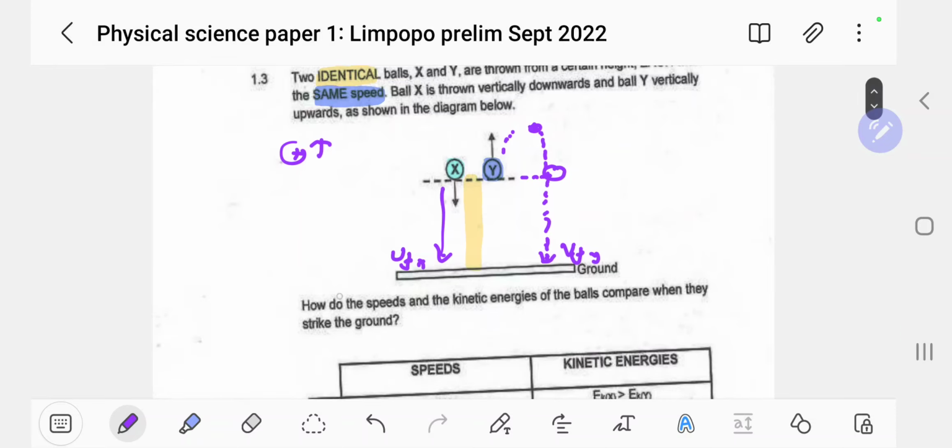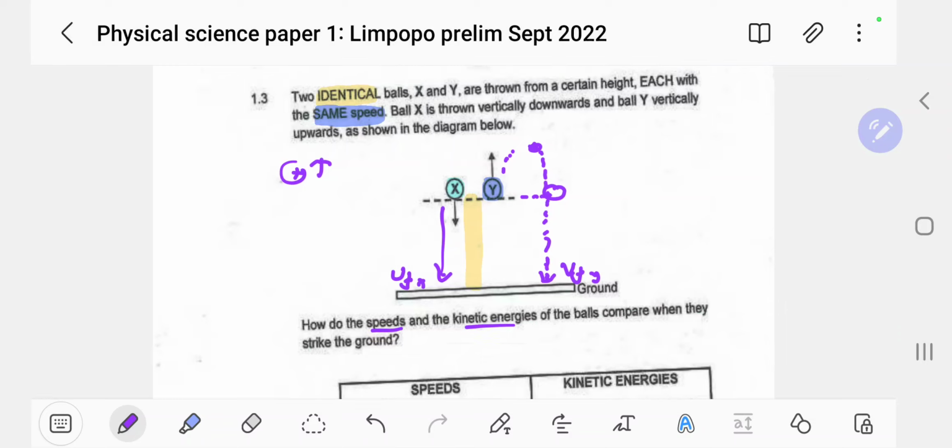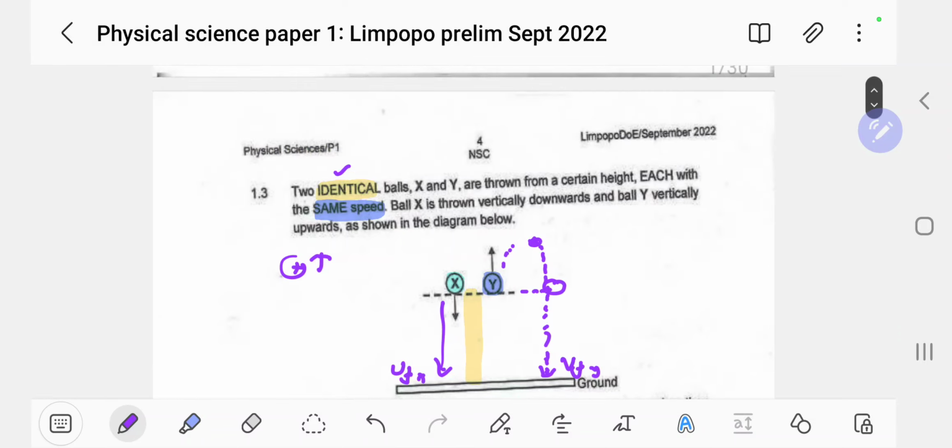So it says, how do the speeds and the kinetic energies of the balls compare when they strike the ground? Remember, when we say the balls are identical, mainly we are talking about the mass, right? And then maybe the spherical shape as well, meaning the volume they occupy in space would be the same.